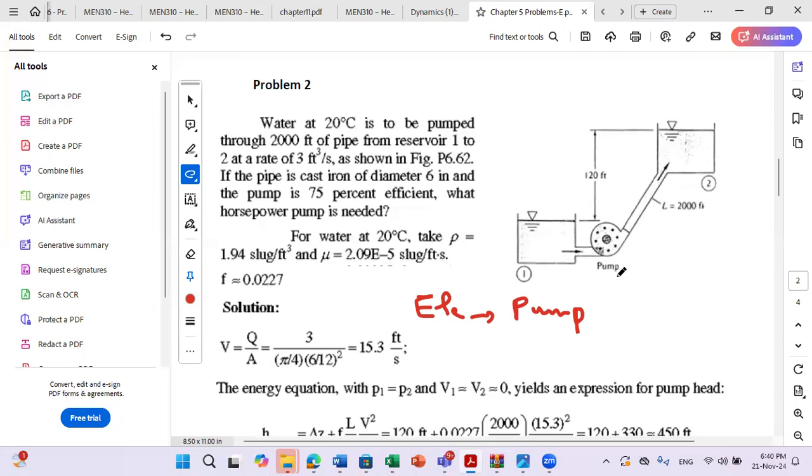So what will happen after this, once you increase this pressure, you can then convert this energy into gravitational energy by pumping water to high levels. So you can convert it to gravitational potential energy.